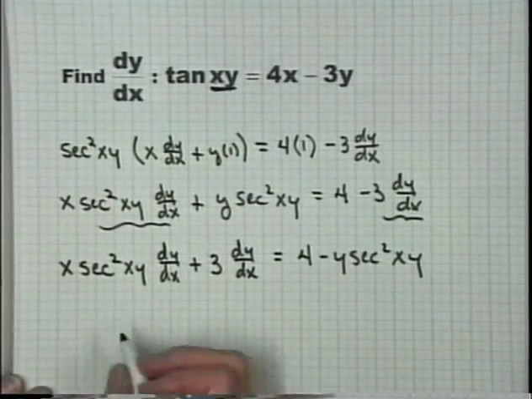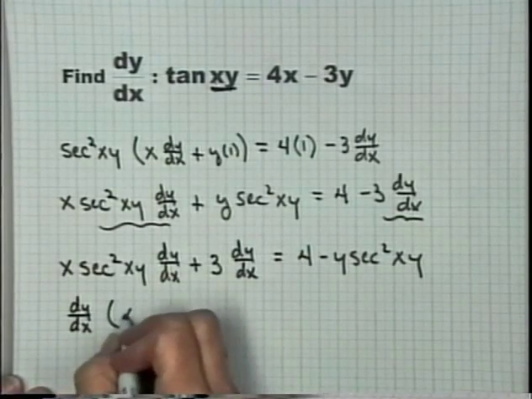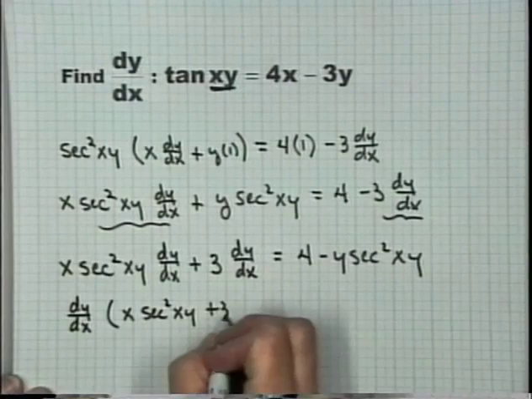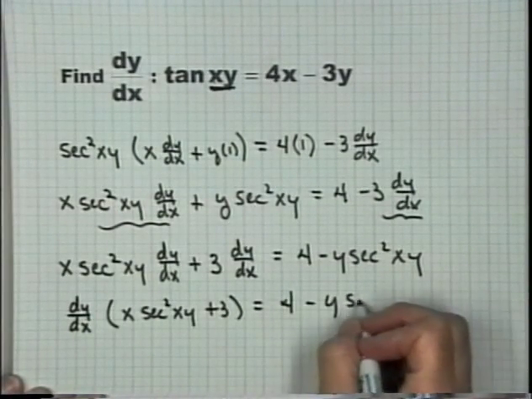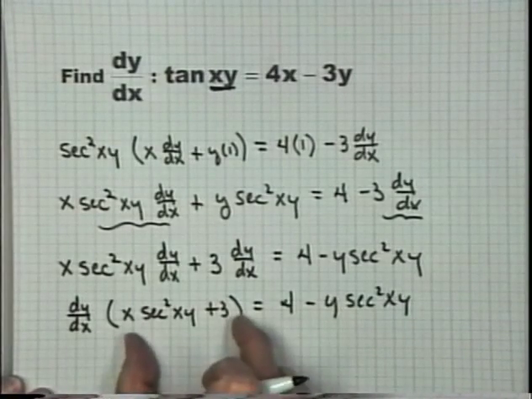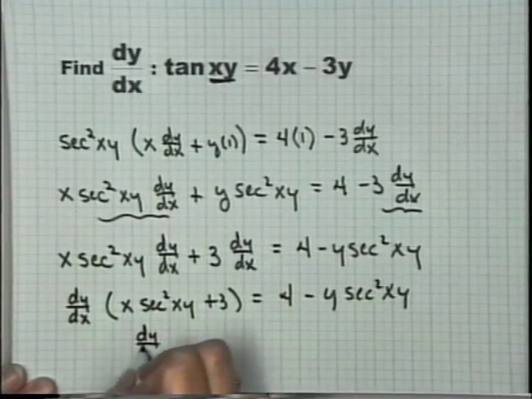Now we can factor out the dy/dx, leaving x secant squared xy plus 3. And I'll recopy the right-hand side here. And then again, we'll divide by this quantity to finish solving for dy/dx.